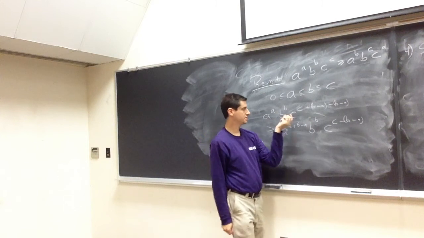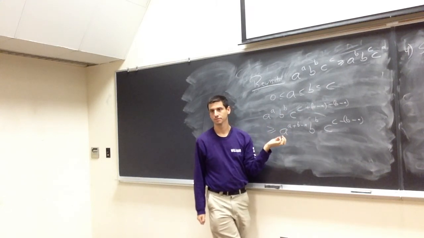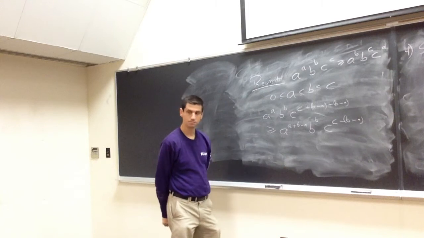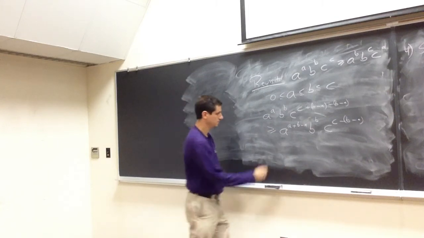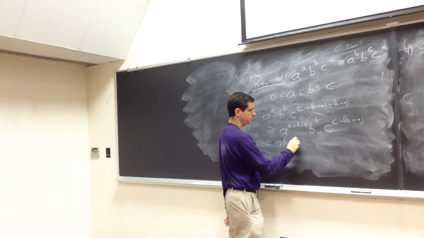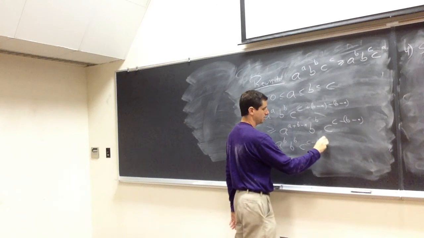And so I've just replaced c with a. That's not a good trade. And now what would I do? This now gives me a to the b. So I have a to the b, b to the b, c to the c minus b minus a.